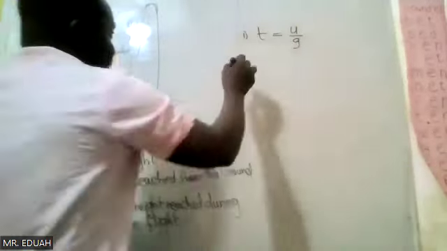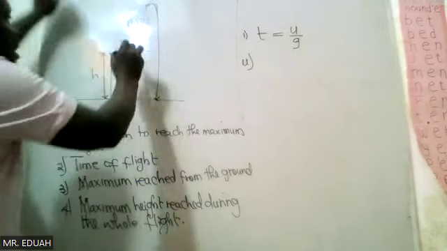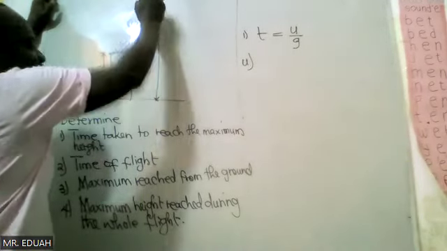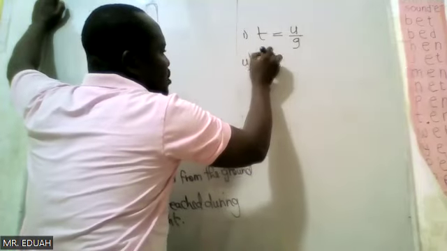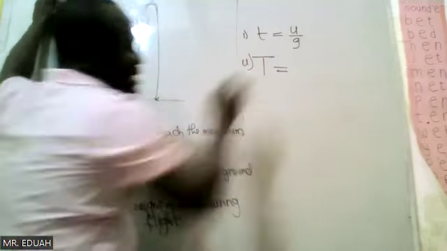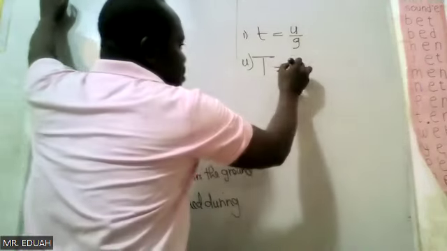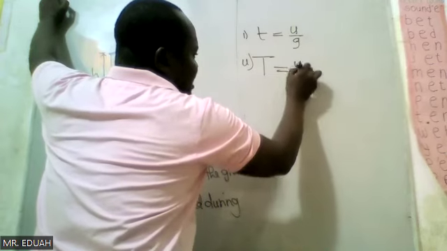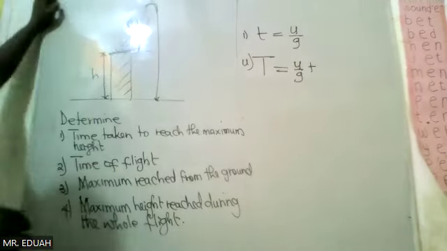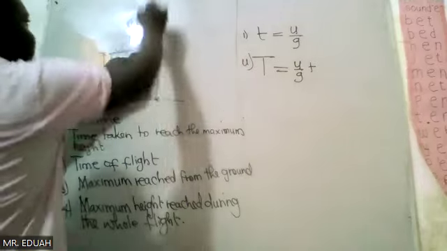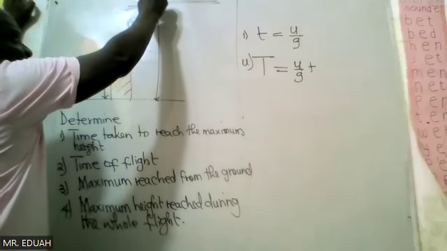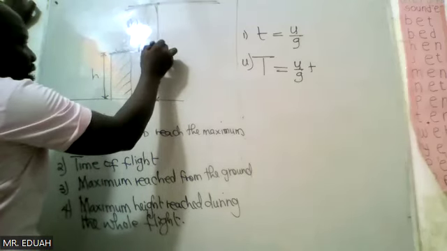So over here, for two, the time taken to reach the maximum height is U over G. Assuming this is the maximum height, the time taken to move from here to this point, it will move from that point to the same level again.